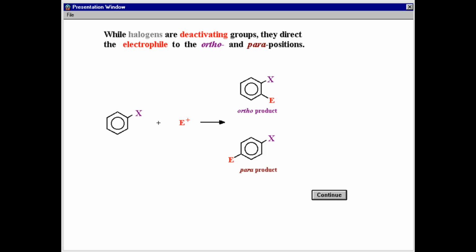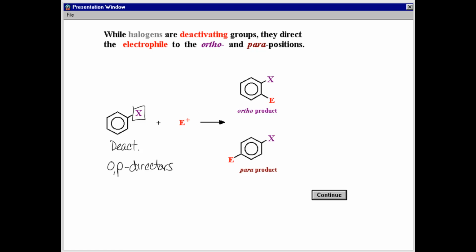So the halogens are the oddballs here, because the halogens, while they are deactivating groups, they are ortho-para directors. And so experimentally we find that halogens direct ortho and para, but they are deactivating groups. So halogens are the exception to the rule, and we'll have to explain why.